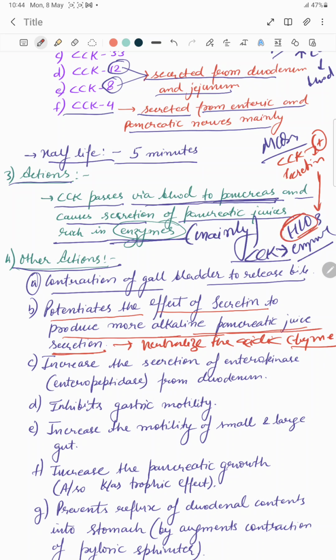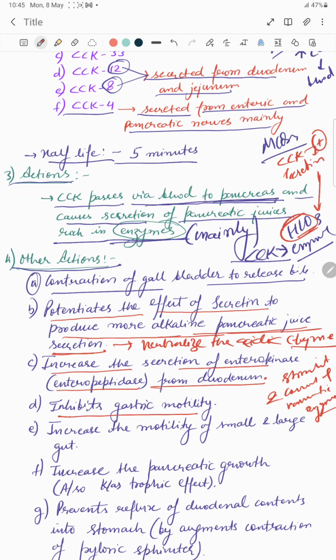So this bicarbonate helps to reduce the acidity of chyme. Then it increases the secretion of enteropeptidase from the duodenum. This causes the stimulation and conversion of pancreatic enzymes. We will discuss it later.